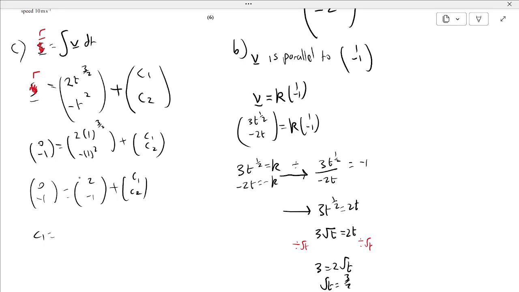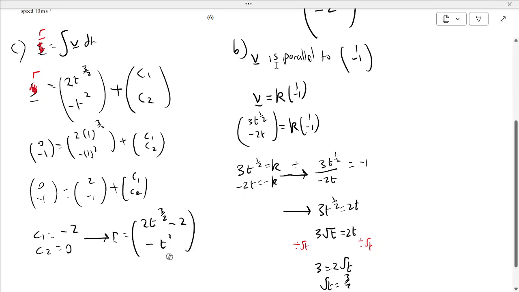For C1: 0 is 2 plus C1, so C1 is negative 2. Negative 1 equals negative 1 plus C2, so C2 equals 0. So overall, r is (2t to the 3 over 2 plus C1, negative t squared plus C2), so (2t to the 3 over 2 minus 2, negative t squared). Fantastic.